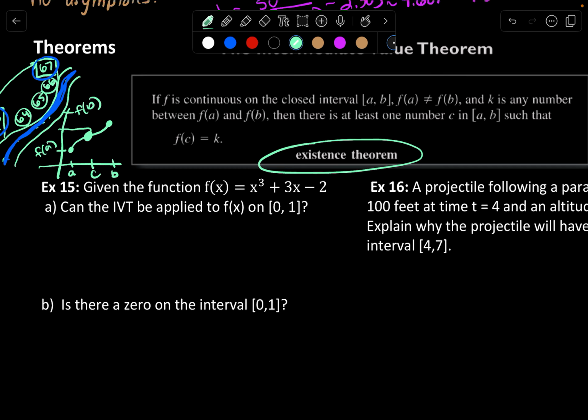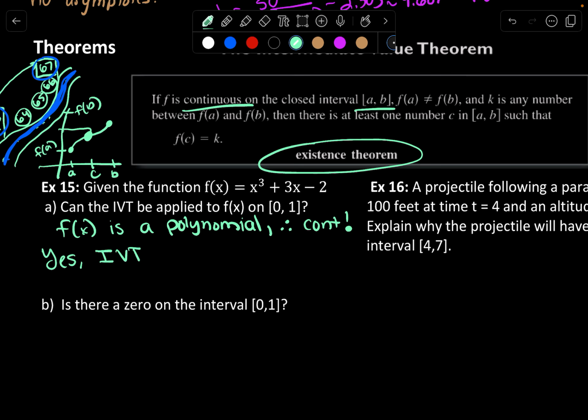So how can we apply this to a function? Given the function f of x, can IVT be applied to f of x on the closed interval from 0 to 1? Well, a condition for IVT is that it has to be continuous and on a closed interval. So f of x is a polynomial, which means it is continuous. Okay, so yes, the intermediate value theorem, or IVT, can be applied because f of x is continuous.